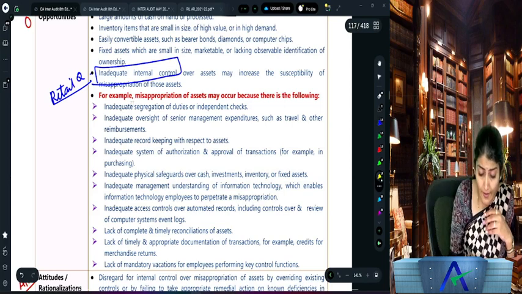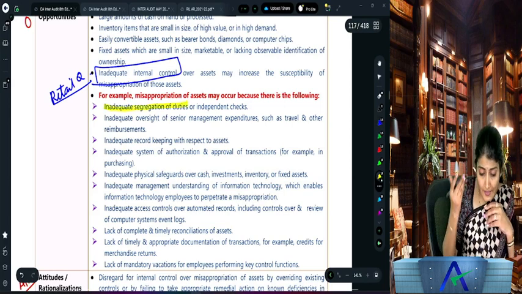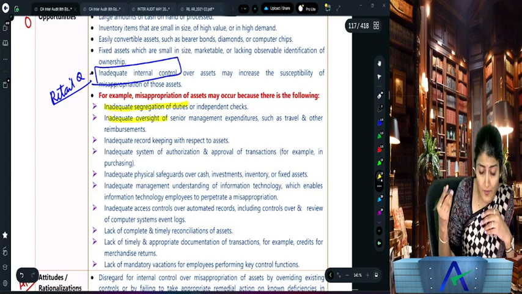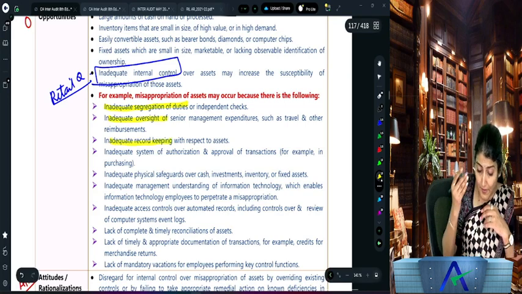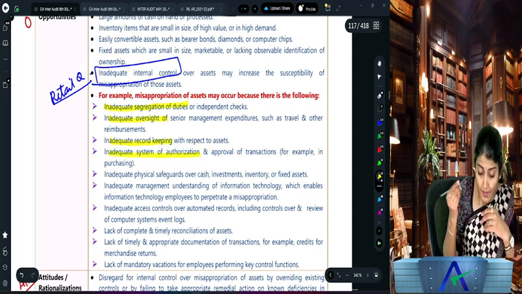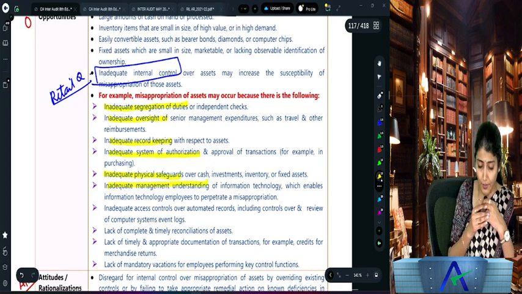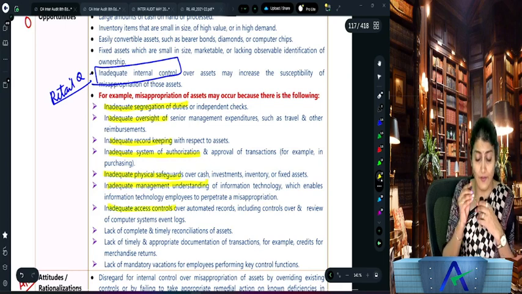Yes. What does it say? Inadequate segregation of duties, inadequate oversight over management expenditure, inadequate record keeping, inadequate authorization, inadequate physical safeguards, inadequate management understanding of IT, inadequate access controls.